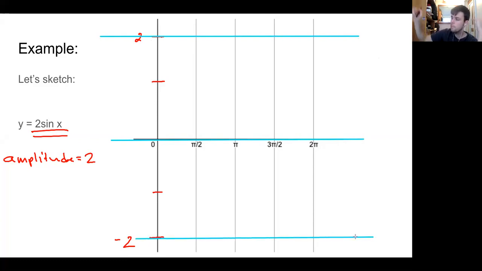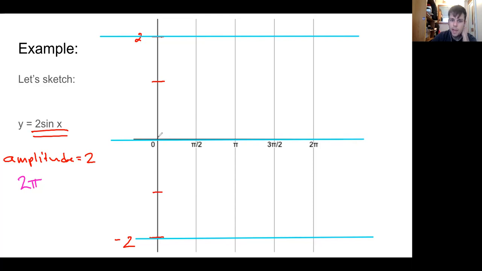So everything's going to be happening in between these values. I may draw these lines on graphs, I may not, doesn't really matter. So we're graphing sine with still a period or a cycle of 2 pi. We haven't really talked about how to change it, but there's nothing in this equation that would change our period. So we're graphing sine. So I'm going to go back to the 5 friends for sine.